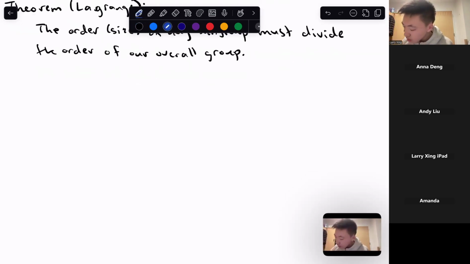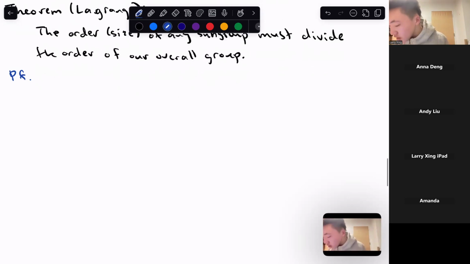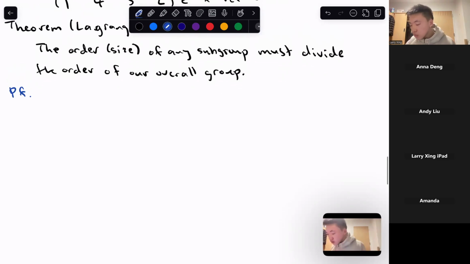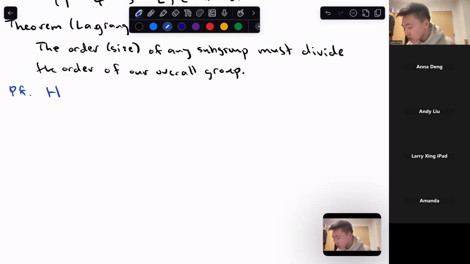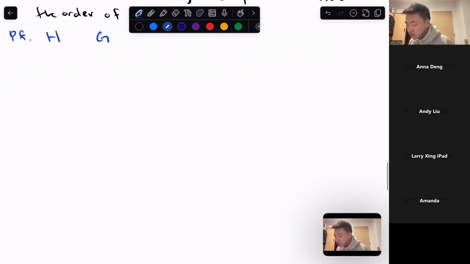And the way we might prove this is as follows. Suppose our subgroup is H and our overall group is G. Then consider an element g within G, but not within H. You consider the elements of H, like e, h, and so on.